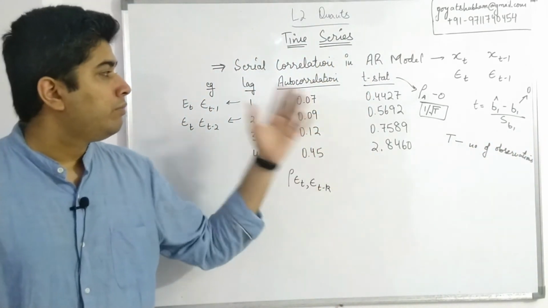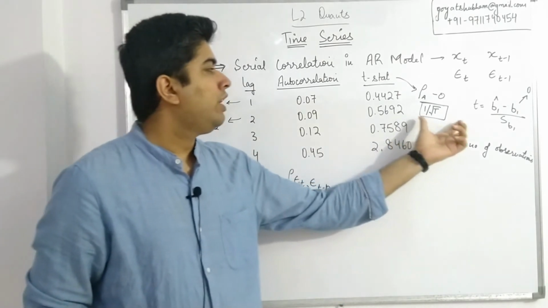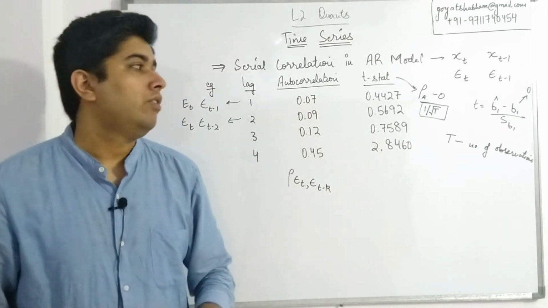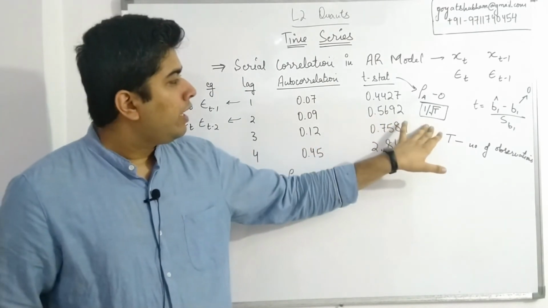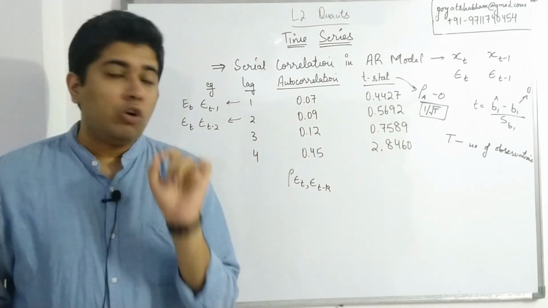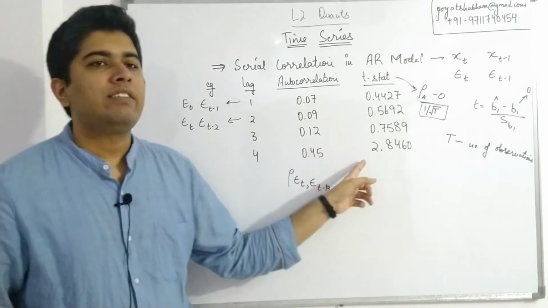So if my number of observations is, let's say, 25, this would be 1 divided by root of 25. That's my standard error. The reason I'm giving you this is that in the exam, normally this entire table would be given to you. You won't have to calculate the t-stat.